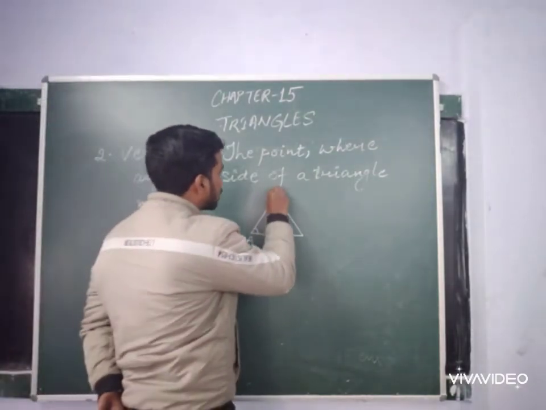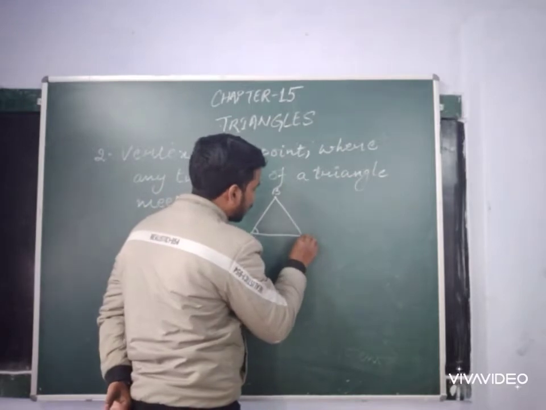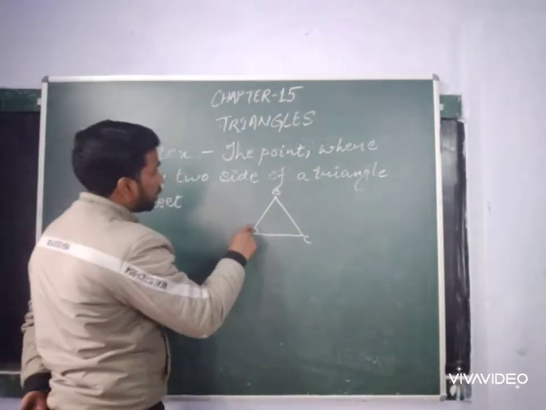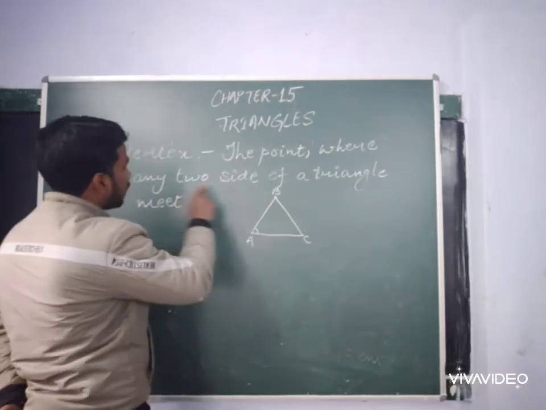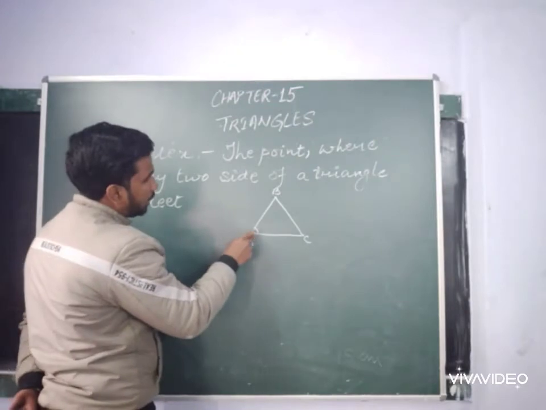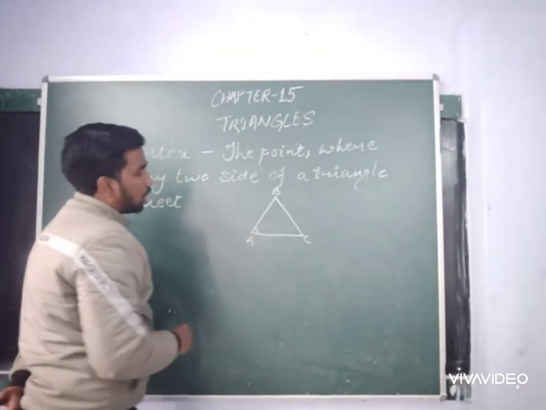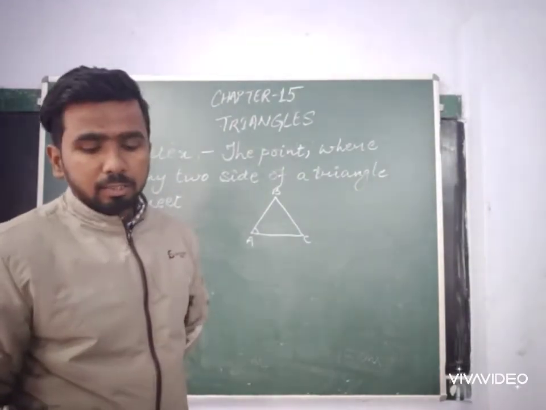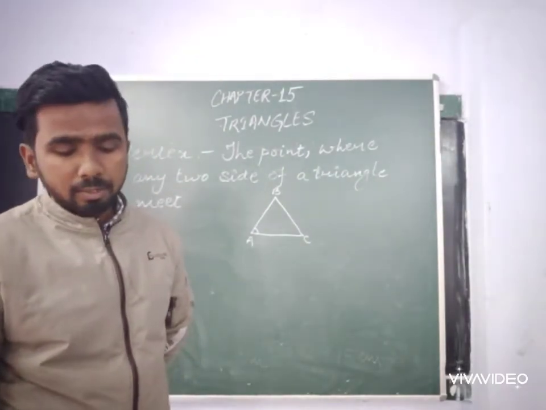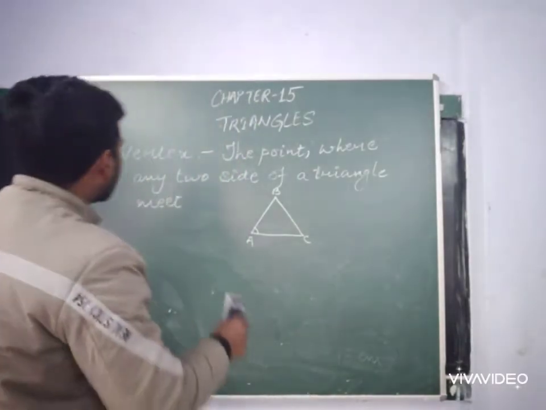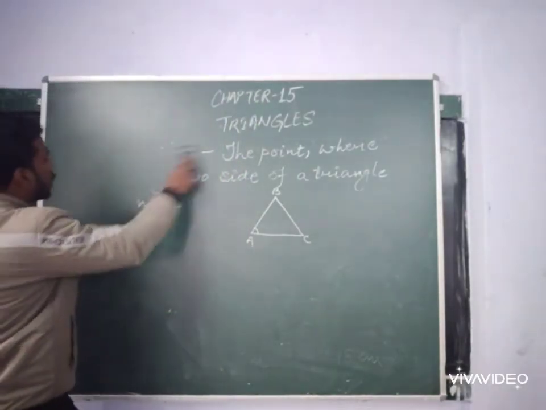And this point is B and this is C. So according to the definition, the point where any two sides, B and C, are meeting is A, so A will be called a vertex. I think it is very easy to understand. Now let's see the third point.